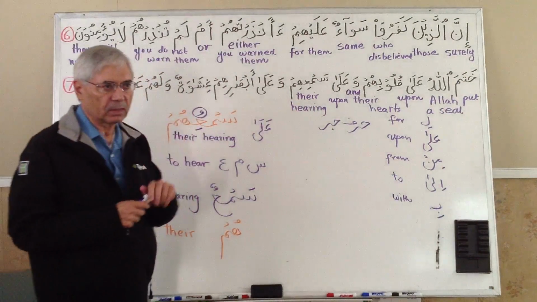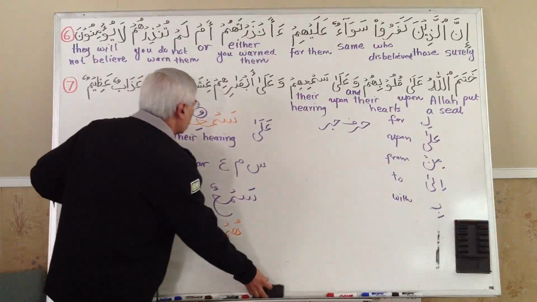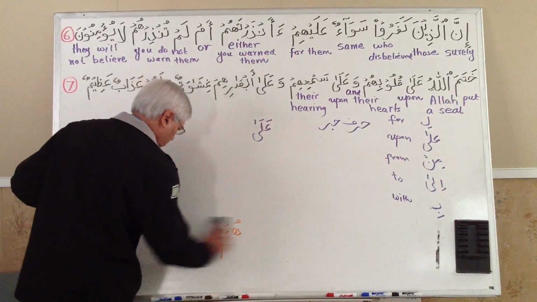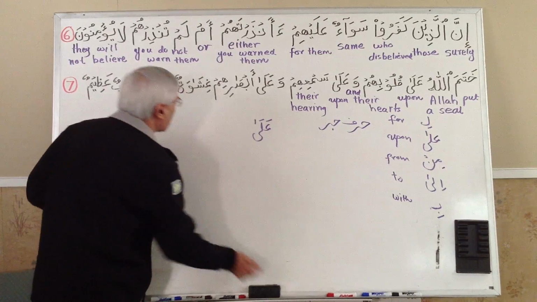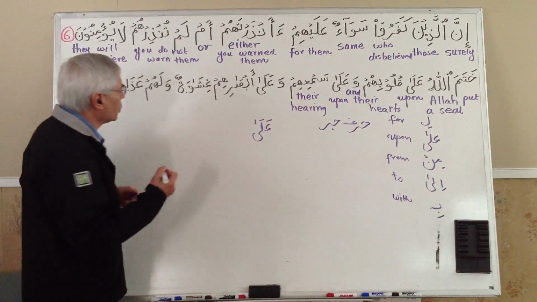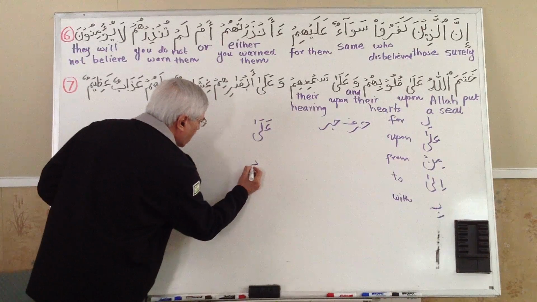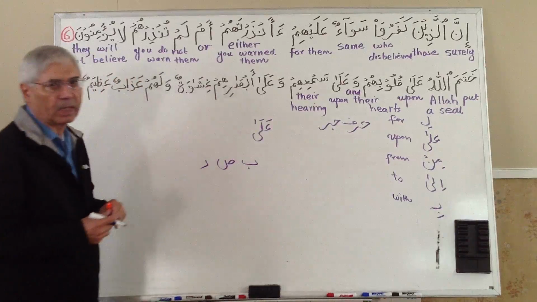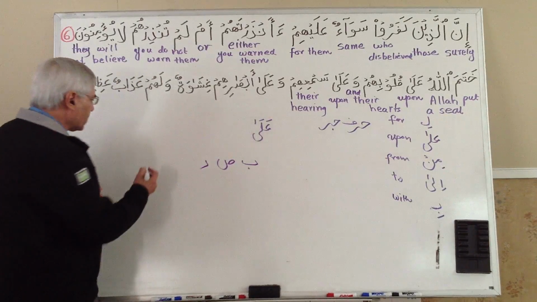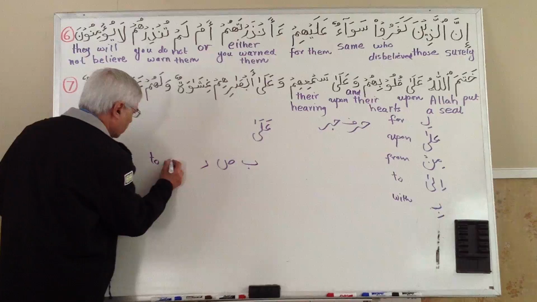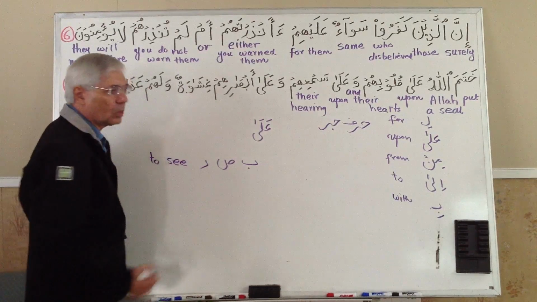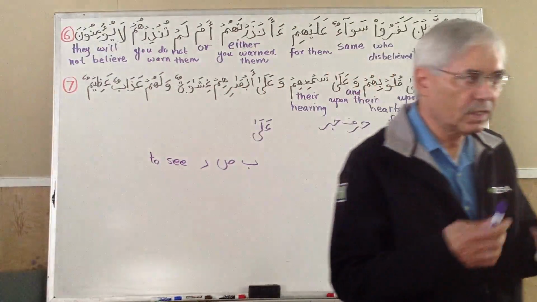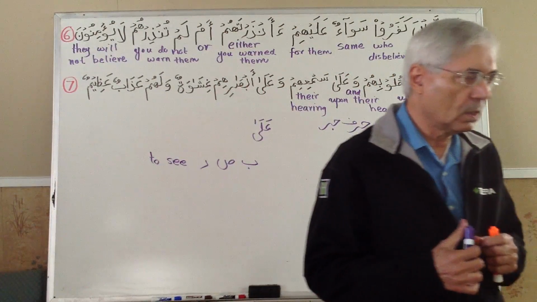Then the third thing here. Let's look at that one. So the next word starts with ba, sad, and ra. Basara. Basara means to see. Basirat or basir, all those words are from here.